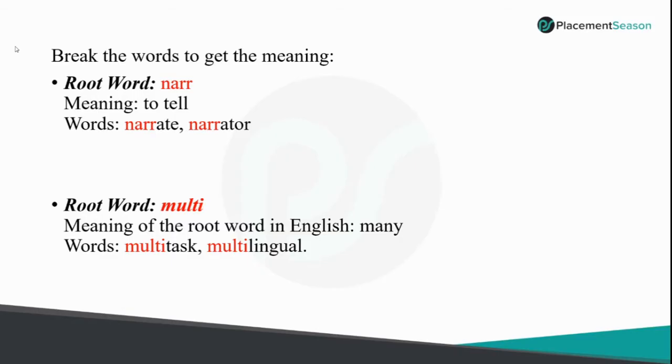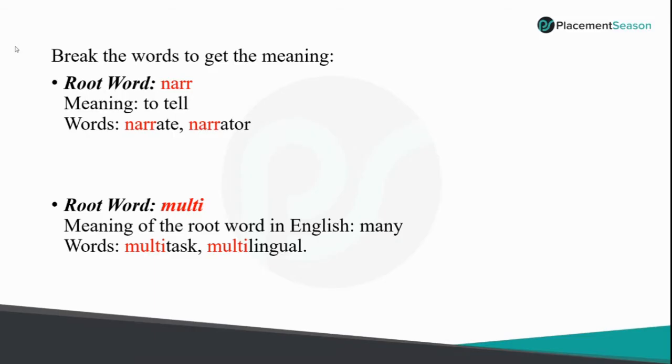Multi means many. So this root word is in English. Multi means many. So multitask, many tasks. Multilingual, lingual is language. Multi, many, many languages.